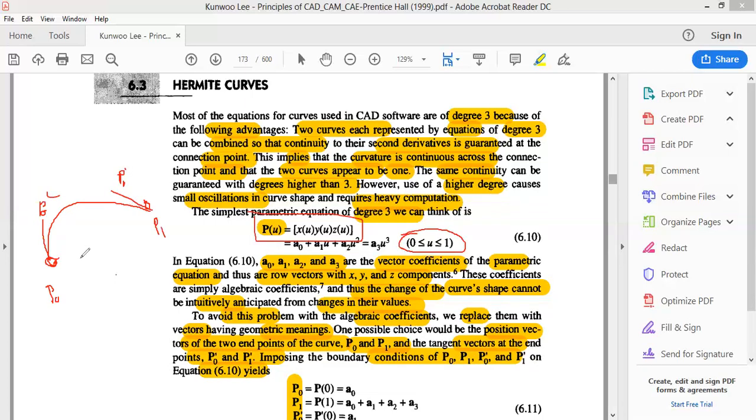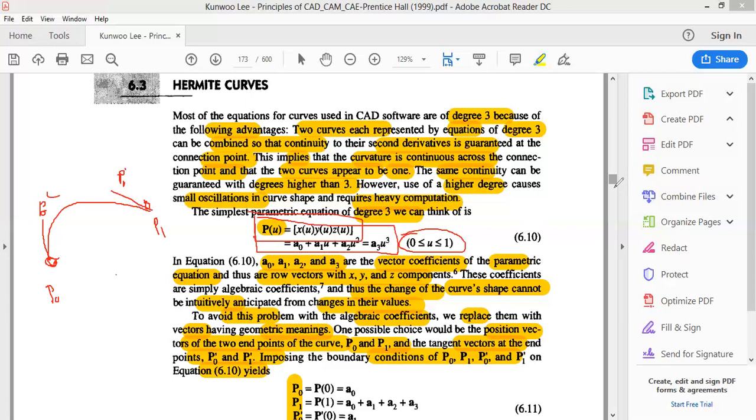So the tangent vectors at the endpoints are required. Now we impose the boundary conditions using the parametric equation we have seen.